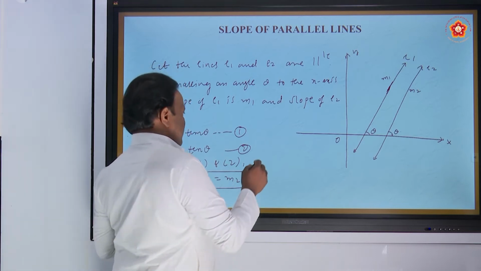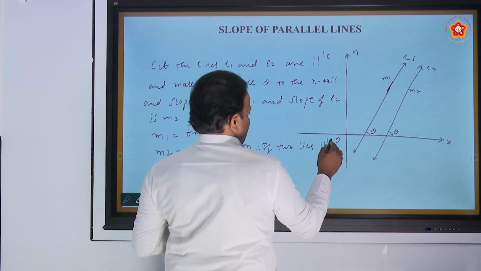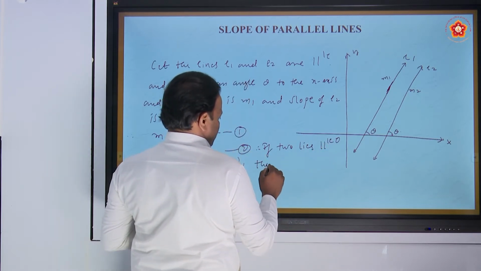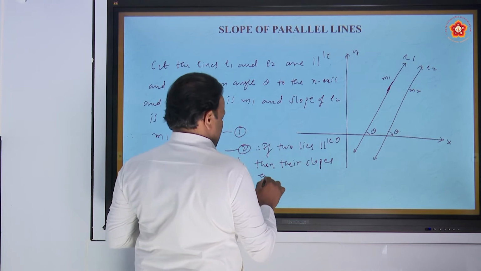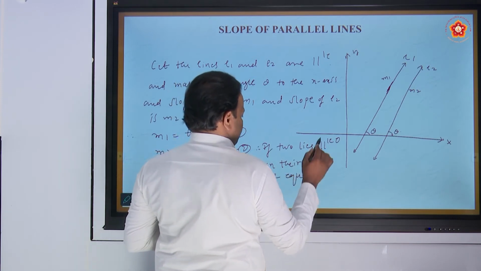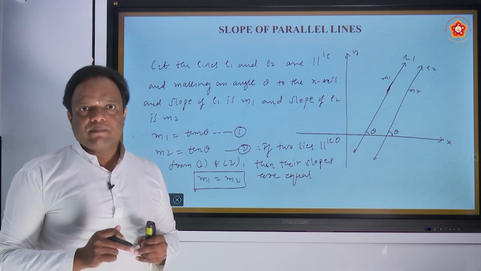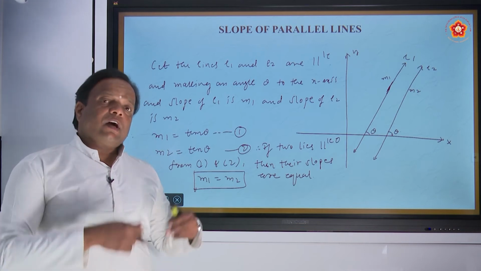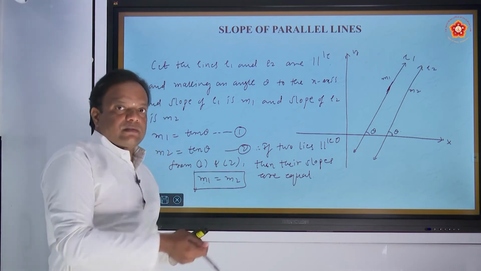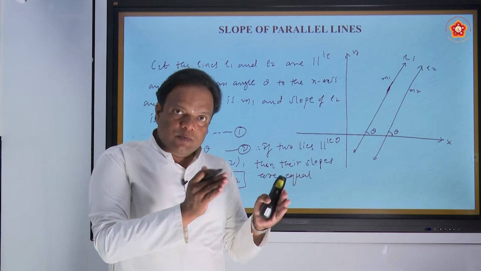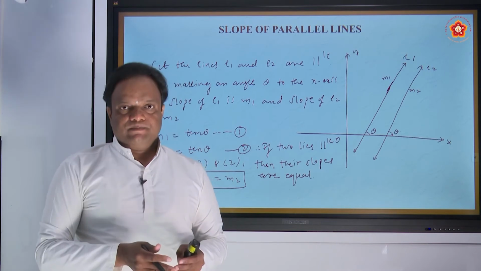Therefore, if two lines are parallel, then their slopes are equal. This is the condition of parallelism. Conversely, we can say that if the slopes of two lines are equal, meaning M1 equals M2, then the lines are parallel.